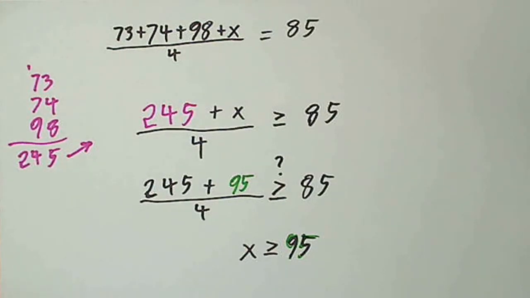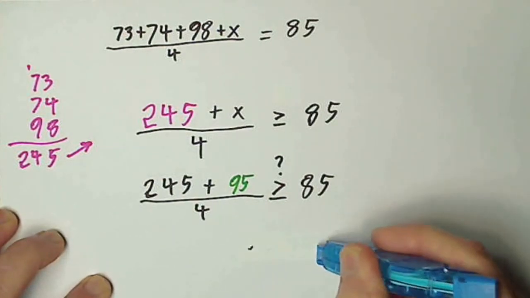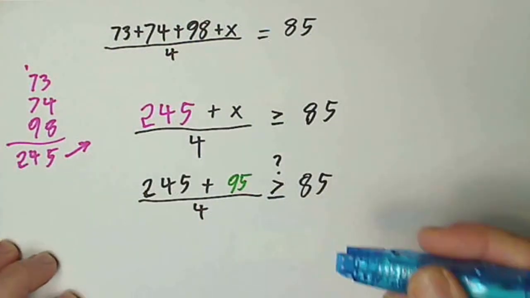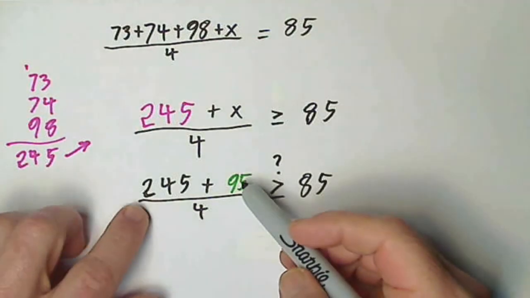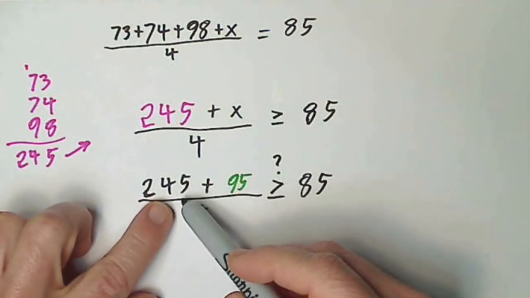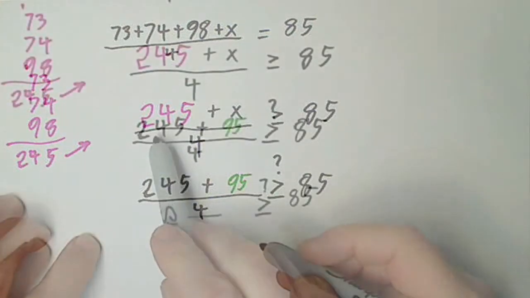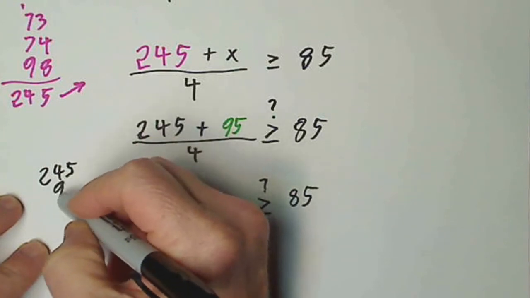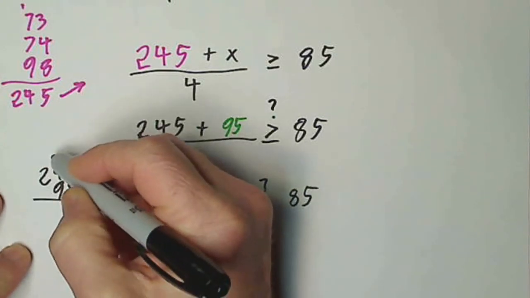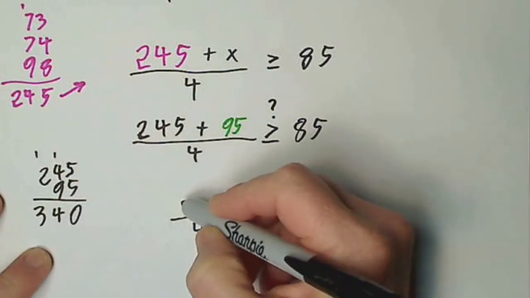Okay. And I think I'll get this out of my way. There. When I add these together, that would be 250, 340, okay, so 245 and 95 gives us 340.